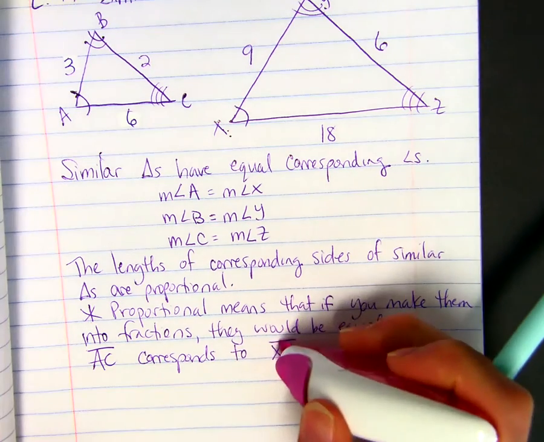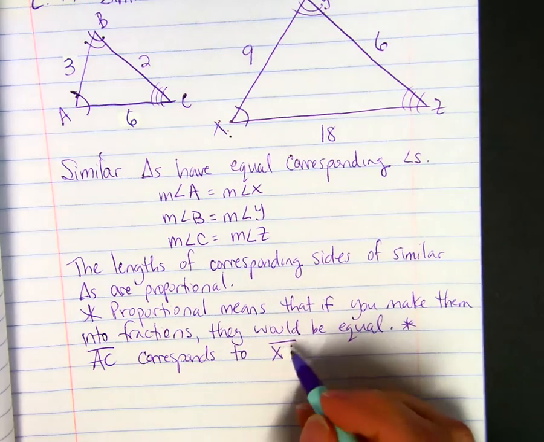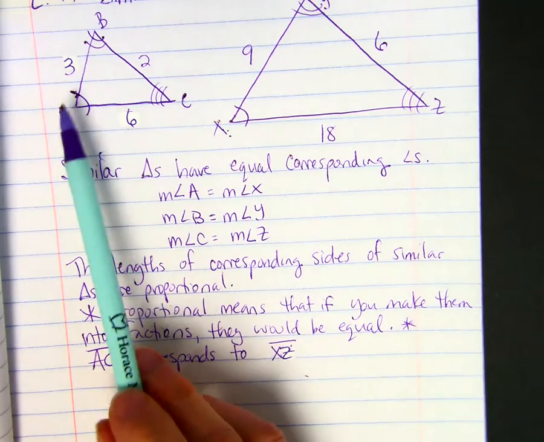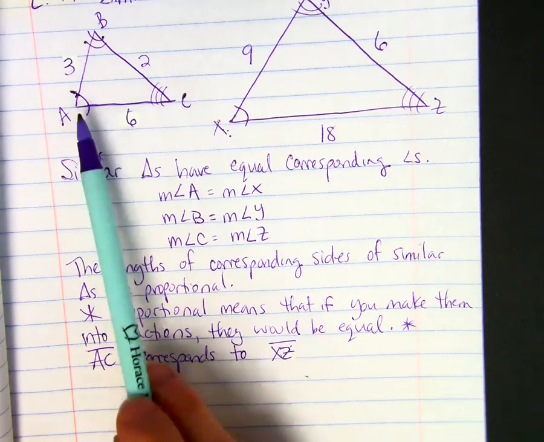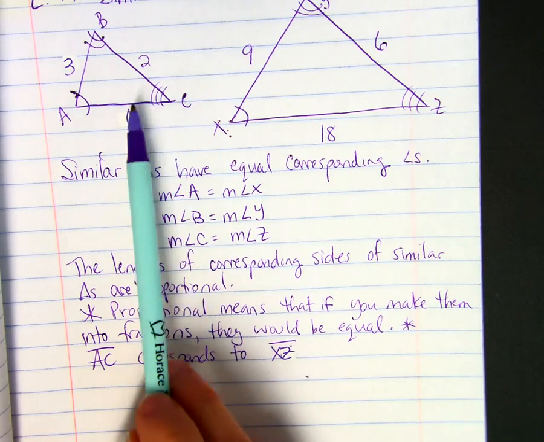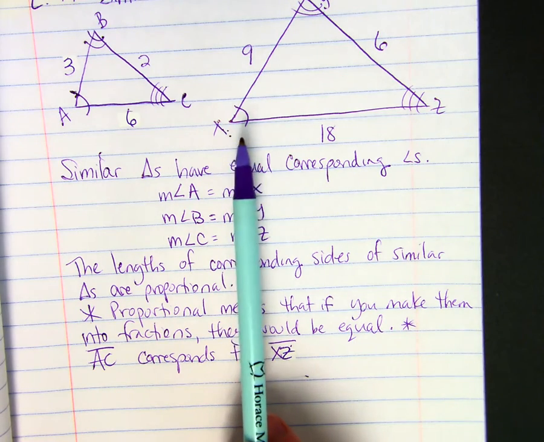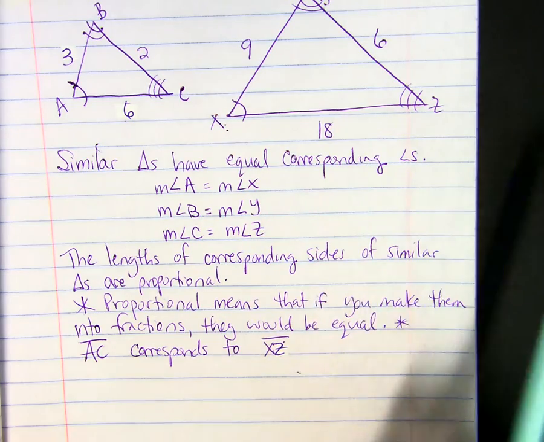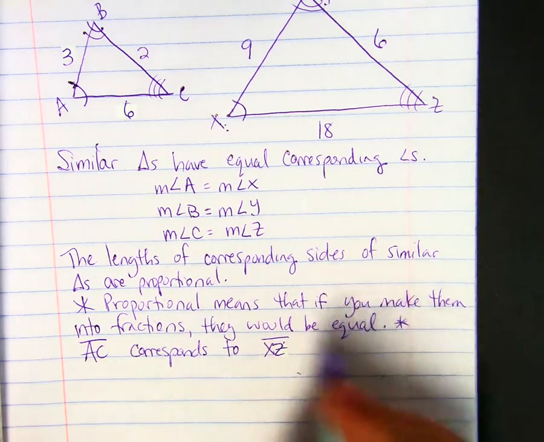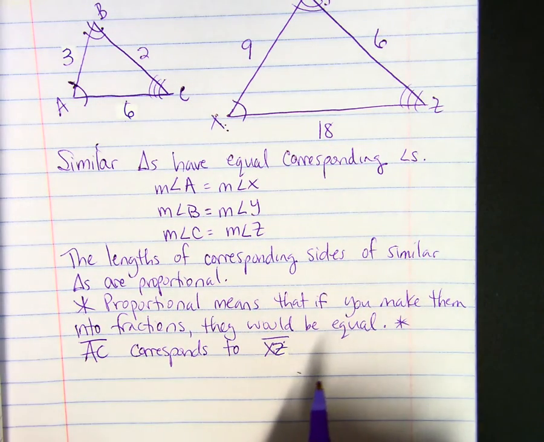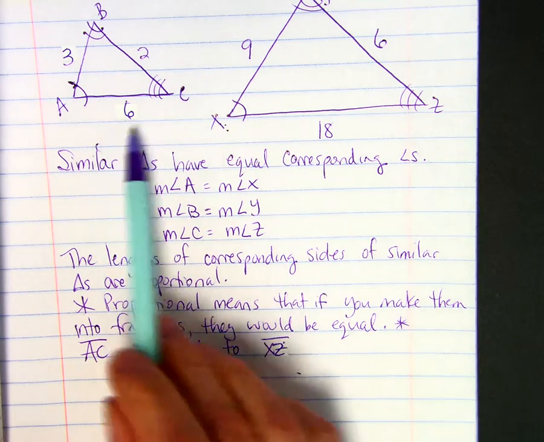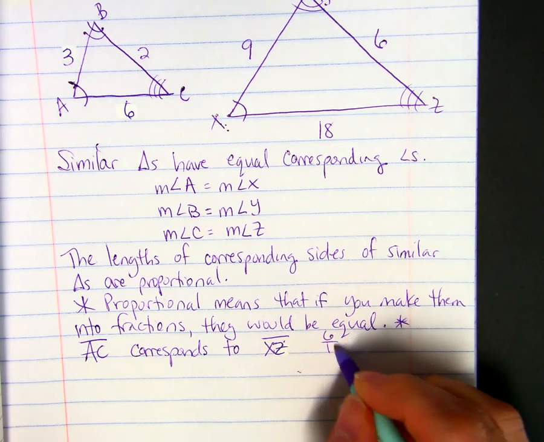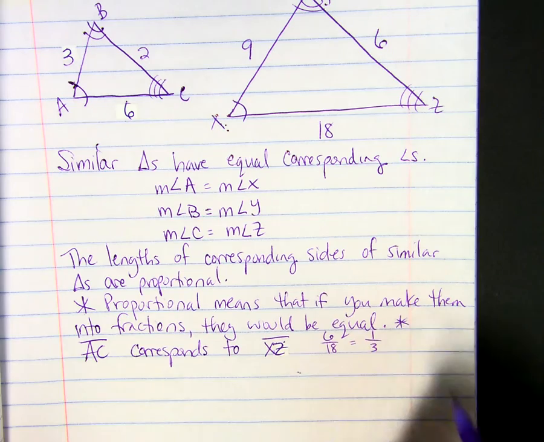I don't know why I said XY. So if you go from angle A to angle C, we're going from 1 arc mark to 3. That's going to correspond to side X to Z, where we went from one arc mark to 3. So if you were to write 6 to 18, you'd get 1/3.